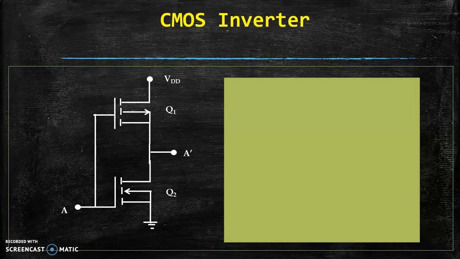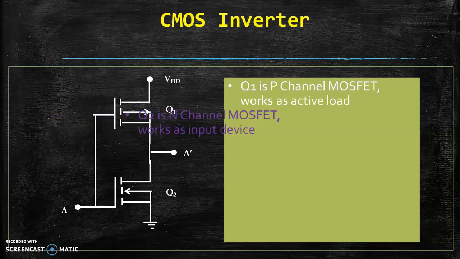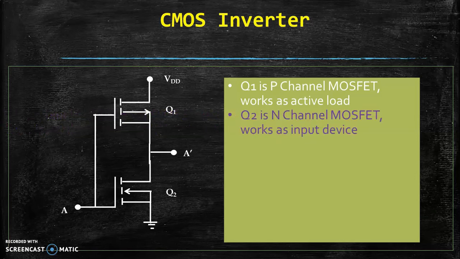We take the output from the common point of the source and drain of Q1 and Q2 respectively, and the output is A bar. Q1 is a P-channel MOSFET and it works as an active load, while Q2 is an N-channel MOSFET and it works as an input device.